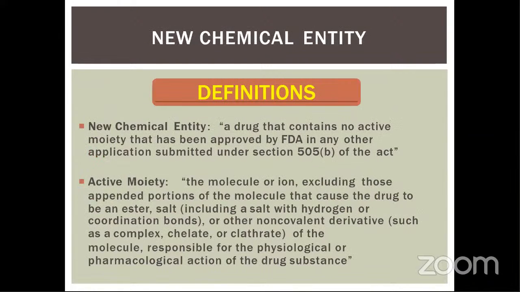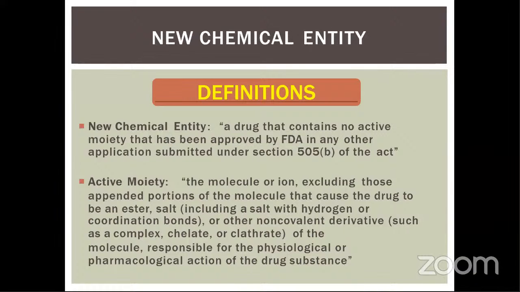What is the definition of new chemical entity and active moiety? What is the basic difference, and what is the definition? New chemical entity means a drug that contains no active moiety that has been approved by FDA in any other application submitted under section 505(b) of that act. That is known as new chemical entity, which contains no active moiety.